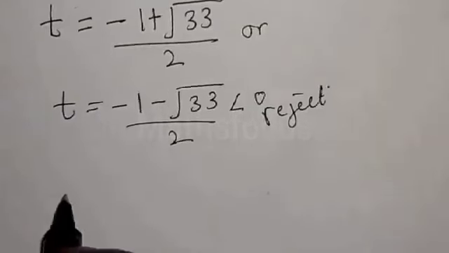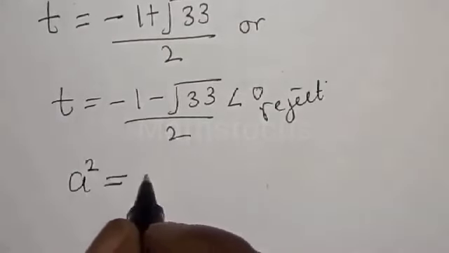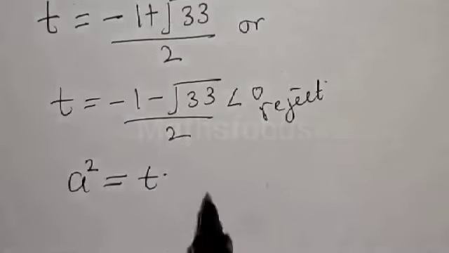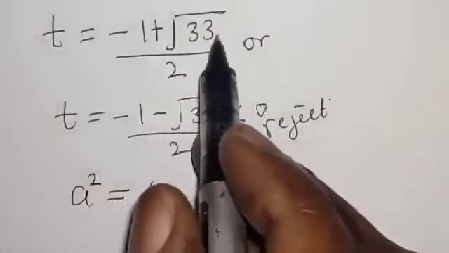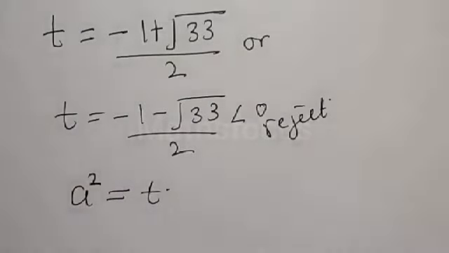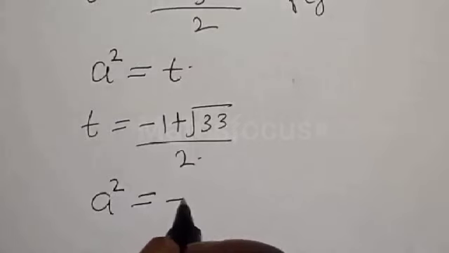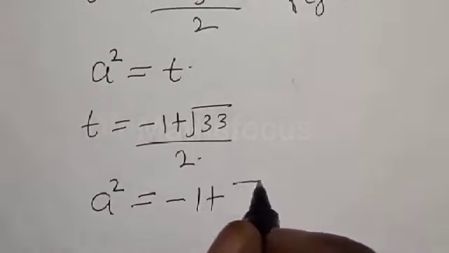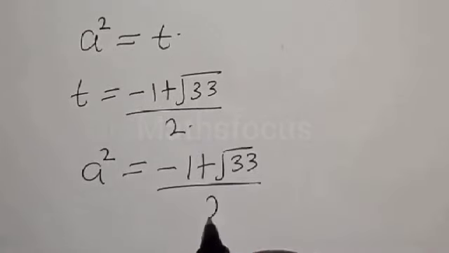Now remember that we said a squared is equal to t, and our t is minus 1 plus square root of 33 divided by 2. Then we have a squared is equal to minus 1 plus square root of 33 divided by 2.